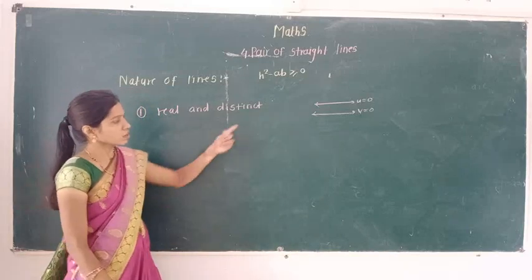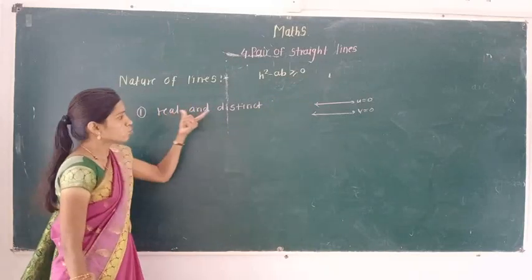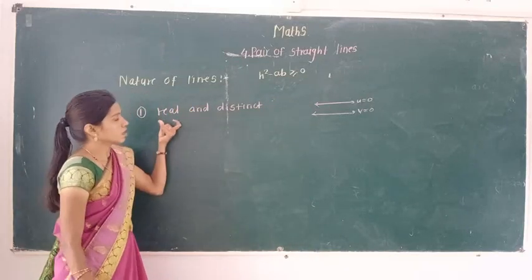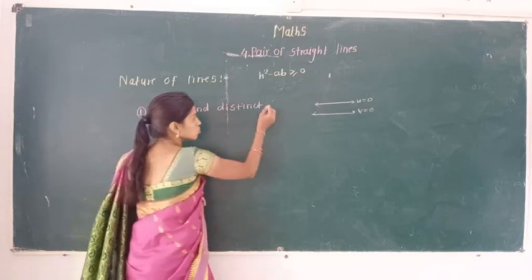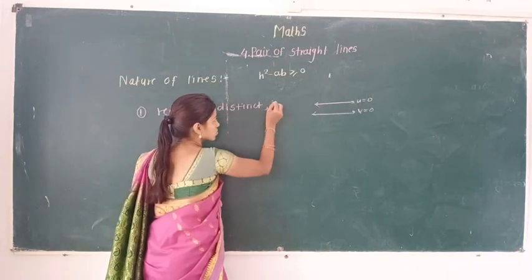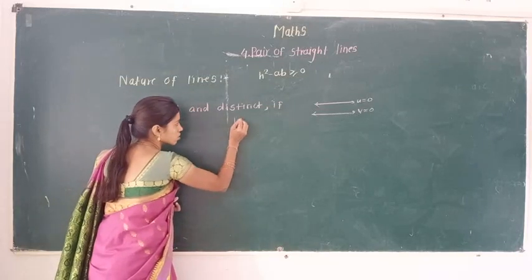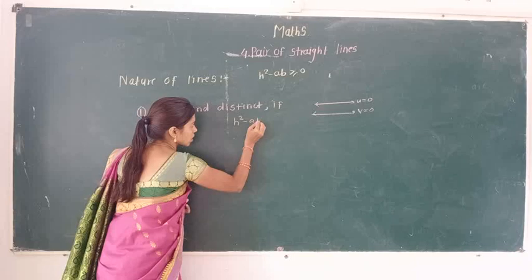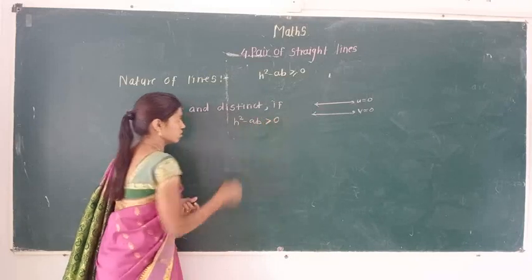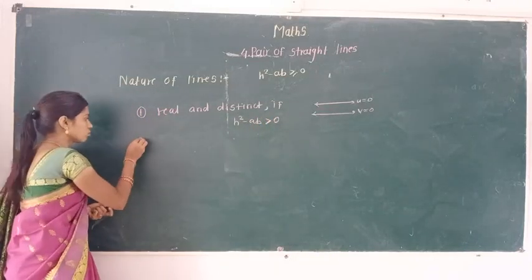These two lines are distinct, and the roots of these two lines are real. Okay, now the roots or lines are real and distinct if the condition h square minus ab is greater than 0 is satisfied. Okay, this is the first condition.